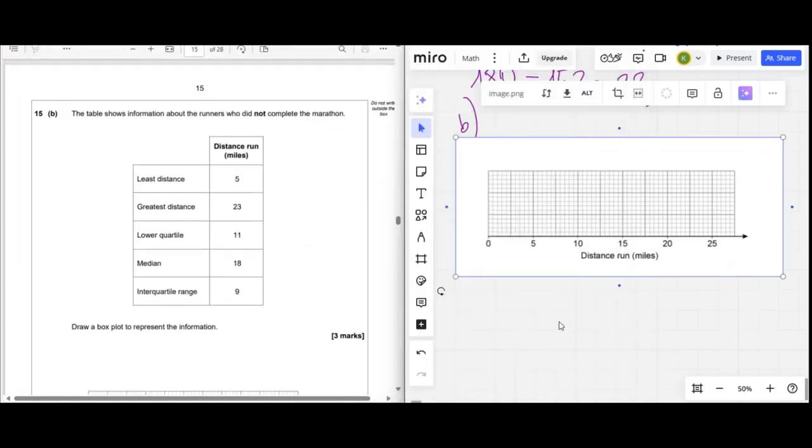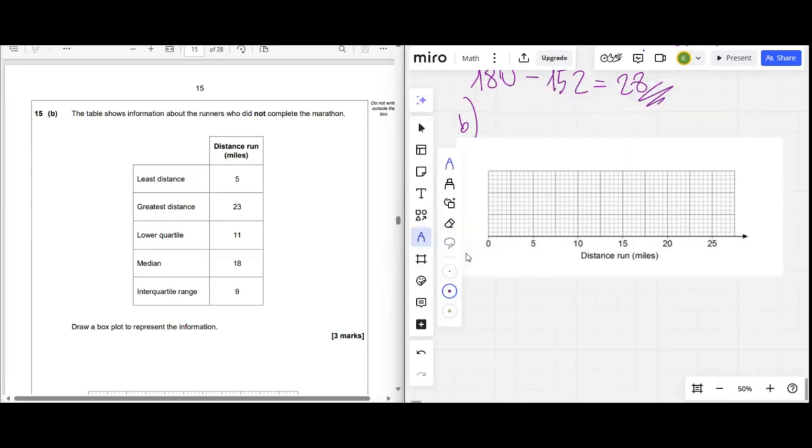All right. So we have least distance being 5, so let's put a whisker there. That's 5. We have greatest distance being 23.